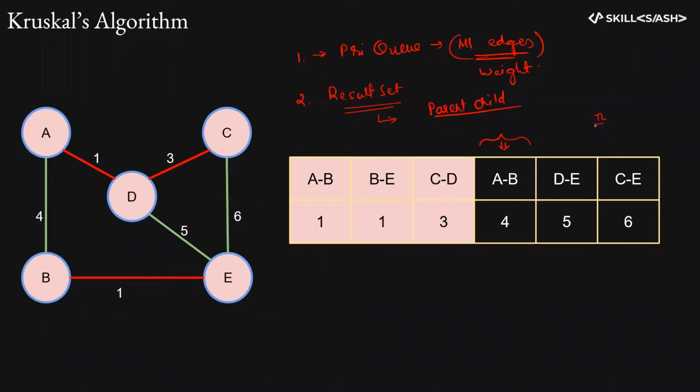The mathematical relationship is that if there are n nodes, the number of edges will be n minus 1. So until we add n minus 1 edges into the graph, we will not stop, so we don't have to keep that other logic, which is still obscure.